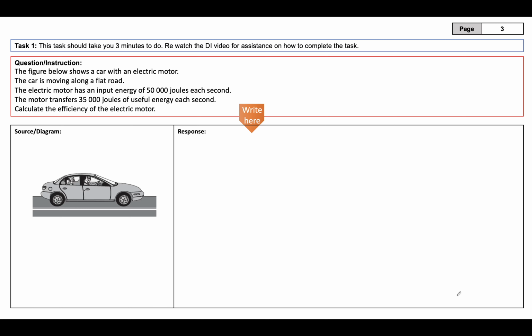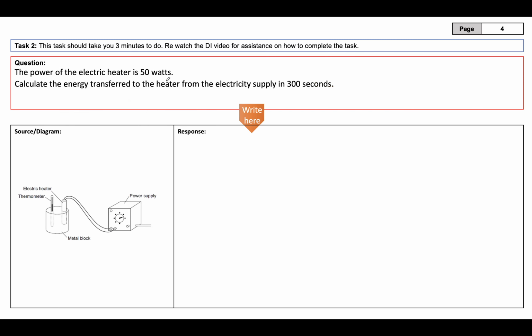Okay, so a lot of the questions today are going to be looking back at what we've done previously. So this first question, you're just going to do a straightforward efficiency calculation, and it's in terms of energy. So it's going to be little number divided by big number. That's it. When we move on to this one, you're going to be using the equation energy equals power times time, just to show you the relationship between the two things.